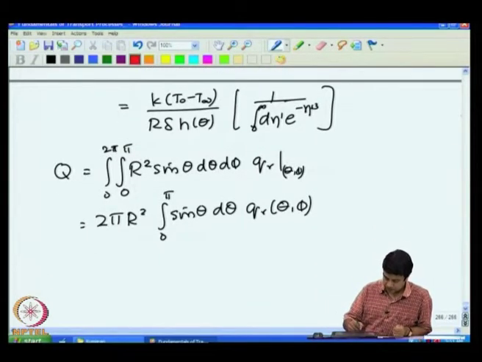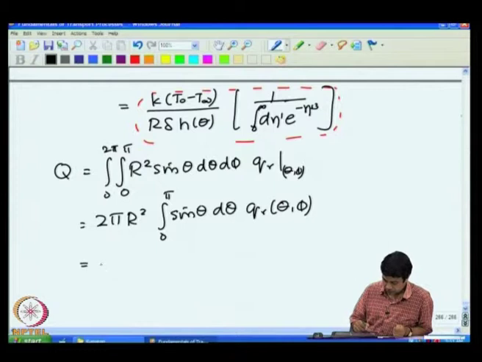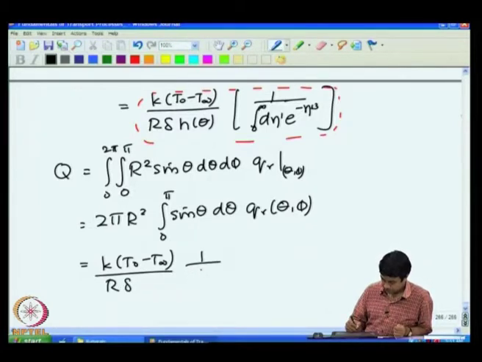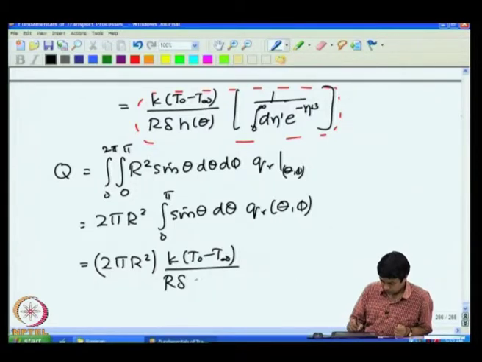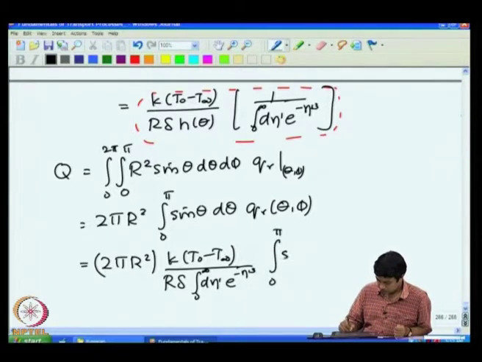So, I substitute this expression into this to get the total heat flux: k into T naught minus T infinity by R delta, 1 by, times the integral over theta 0 to pi of sin theta d theta, 1 by h of theta.